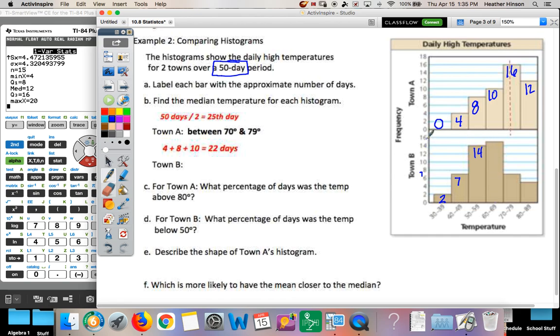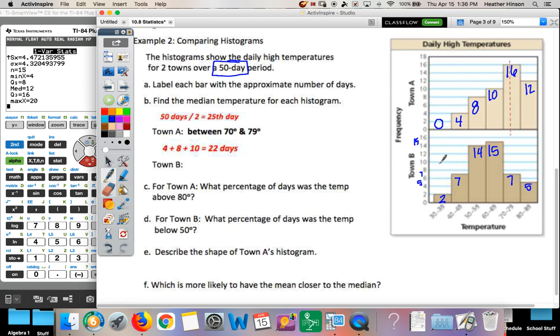What's between 14 and 16? 15. 70 to 79, again, is in the center, which we already called 7 earlier. And 80 to 89, kind of hard to tell, but that one's in the center as well if you follow it over. So that one's going to be 5, between 4 and 6.